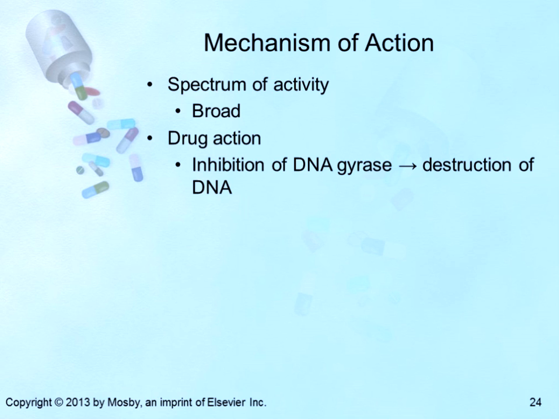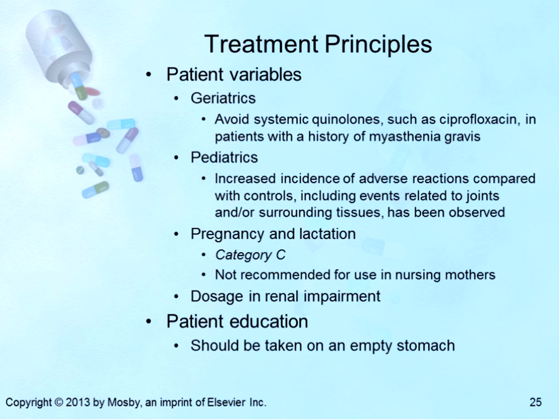The blocking of DNA gyrase, which occurs at concentrations of 0.1 to 10 micrograms per mL, promotes superhelical formation of bacterial DNA, resulting in destruction of DNA. Again, you do not have to know this. However, you should be exposed and have a general idea of how these medications work.